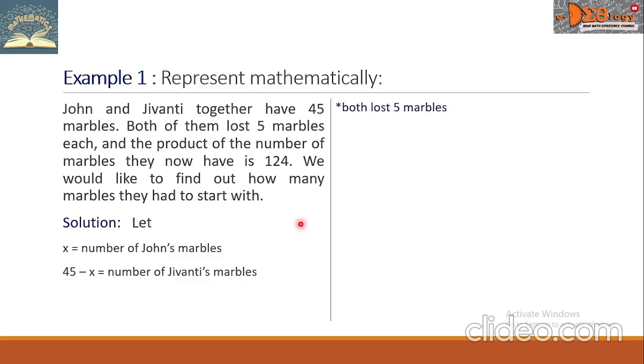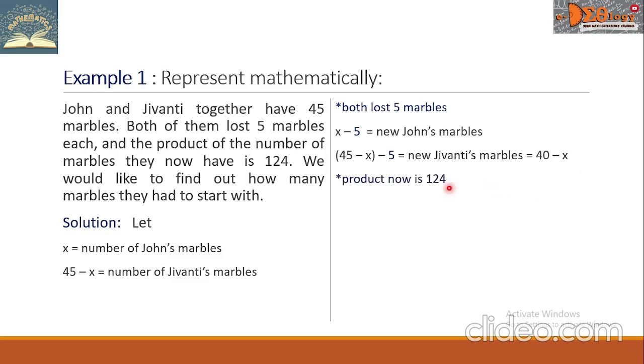In the condition, it says both of them lost 5 marbles. So for John, it will be x minus 5, while for Giovanni, we will have 45 minus x, then minus 5. We can simplify this into 40 minus x.